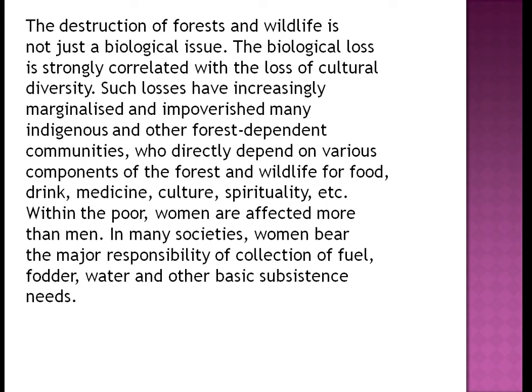In many societies, women bear the major responsibility for collection of fuel, fodder, water and other basic substances needed. So this point is talking about women. They are engaged and affected more than men by collecting all the basic needs of their livelihood.